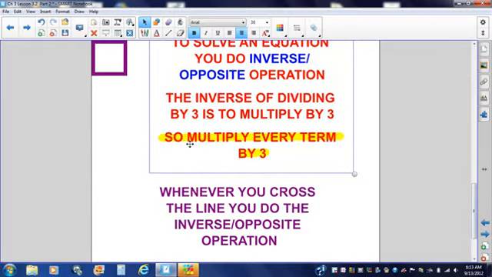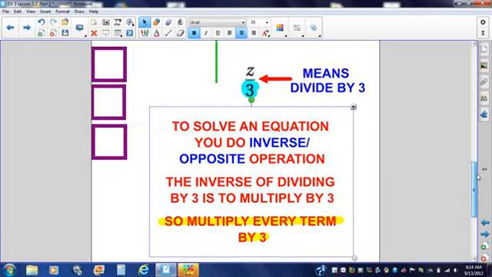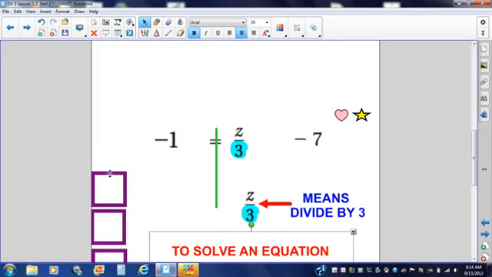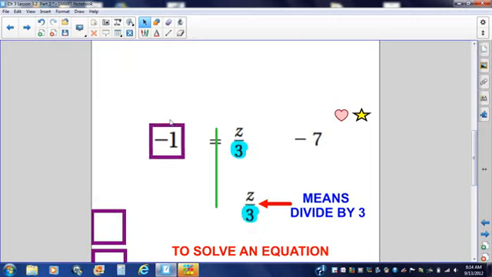So, look carefully. We're going to multiply every term by 3. This is a term, and we're going to write on the paper that we are multiplying by 3. Why am I multiplying by 3? Because it's the opposite of dividing by 3.